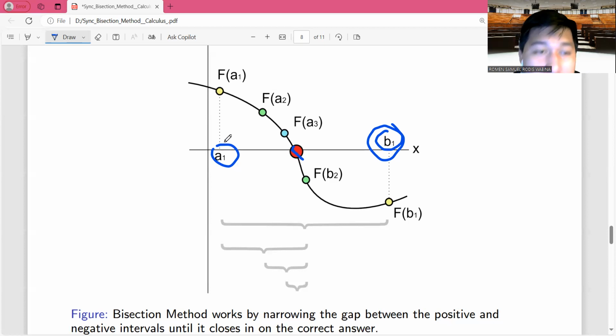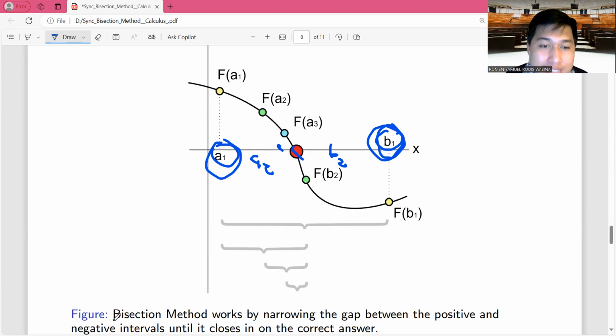Basically, if we have an initial interval a sub 1, b sub 1, and then for the next iteration, we get a sub 2 and b sub 2 here, and then a sub 3 and b sub 3 here, it means that the gap to the optimal solution is getting closer to the correct answer with each iteration.